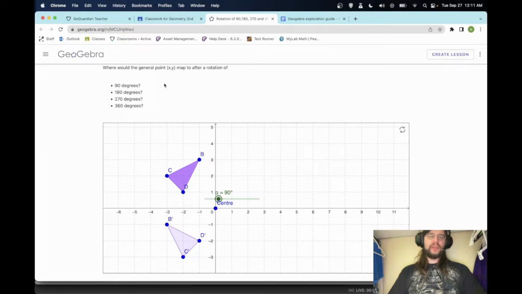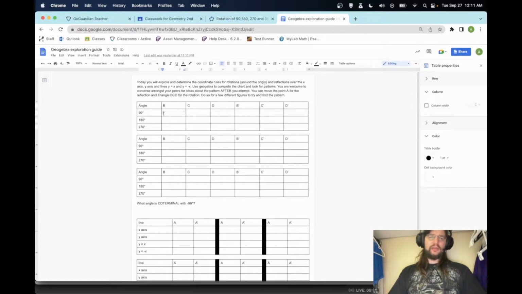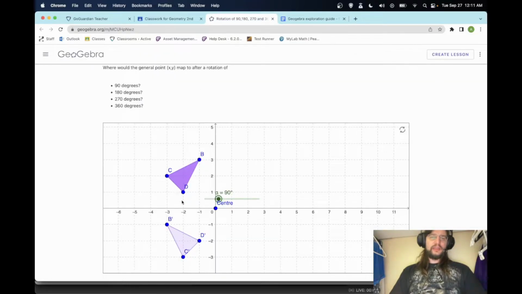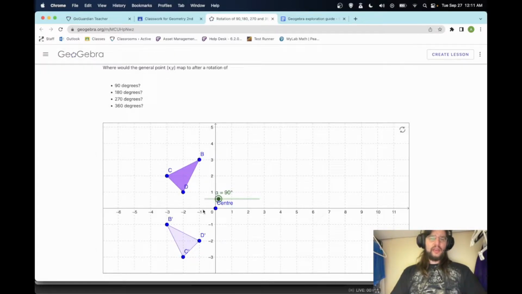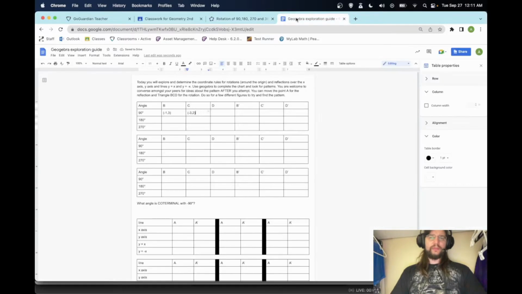So if we look at our coordinates, B is at -1, 3, so I'm going to write that down. -1, 3. You'll be doing this on paper. C is at -3, 2. And finally, we have D at -2, 1.